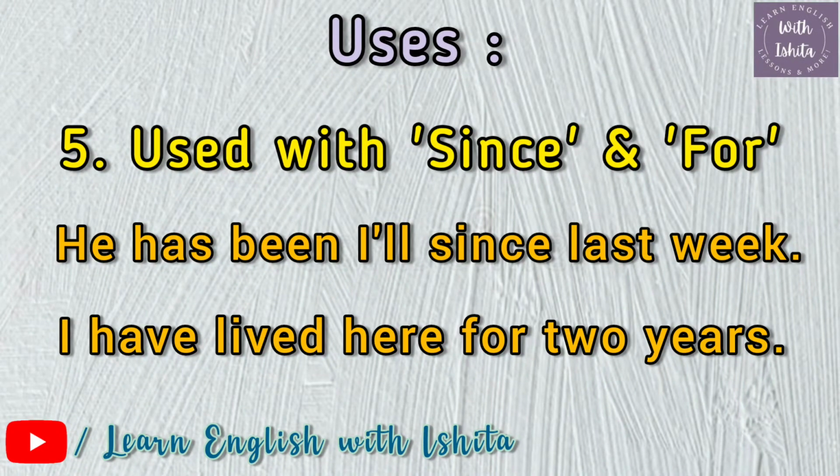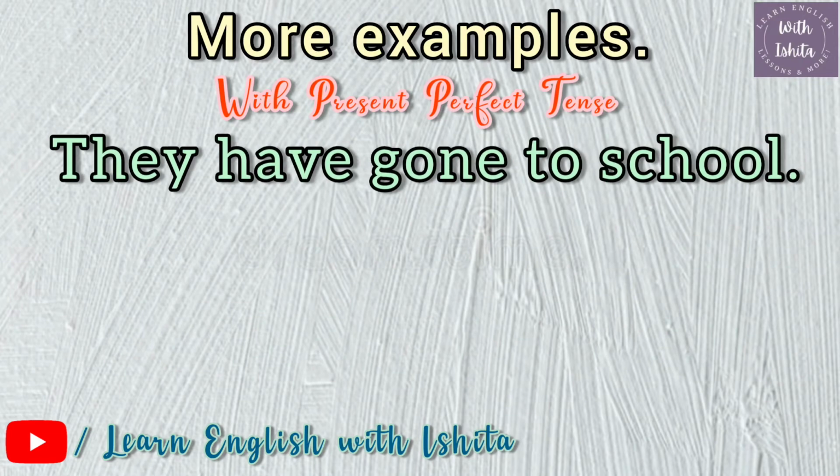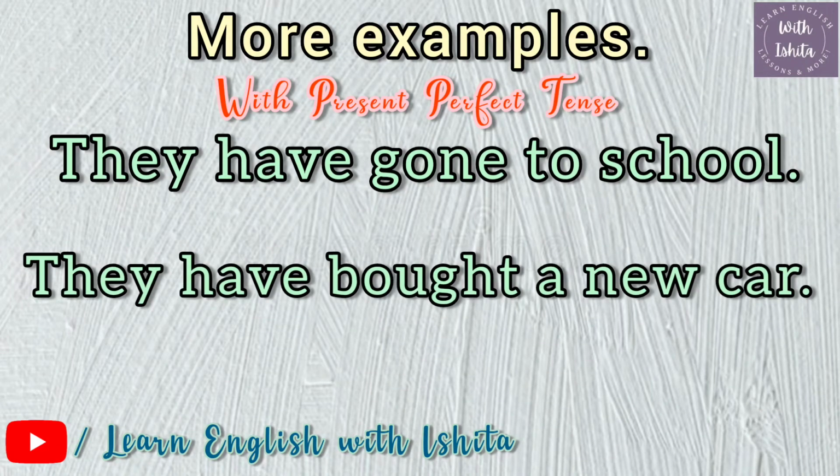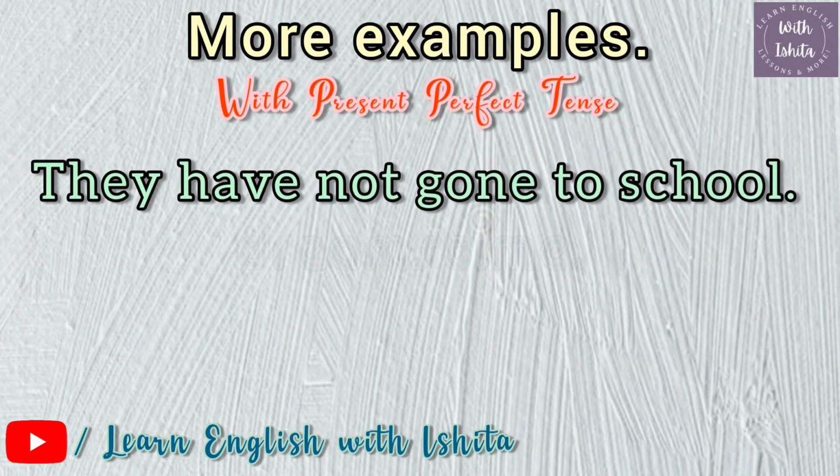Now let's look at the following examples to understand more clearly. Okay, for the positive sentences, the examples will be: they have gone to school. Next one, they have bought a new car. Now negative sentences: they have not gone to school.